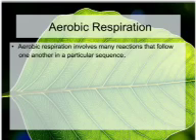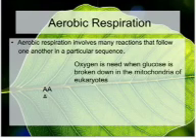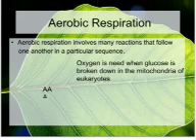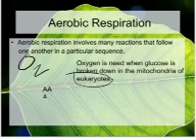And this happens in certain reactions. So oxygen is needed when glucose is broken down in the mitochondria of eukaryotes. This is a key concept you need to write down, bullet, whatever. The only organisms that can do aerobic respiration, that means breaking down glucose with oxygen, with O2, is eukaryotes.